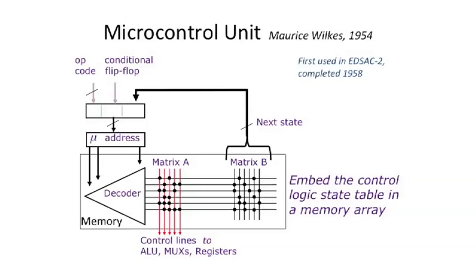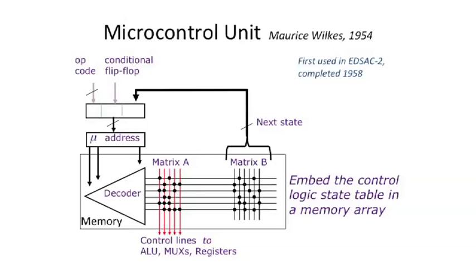So in this design, here are the control lines which run to your processor. These are a bunch of wires that are going to come out of your control unit and are going to assert different things on ALUs, multiplexers, registers. And then you need some way to drive this.